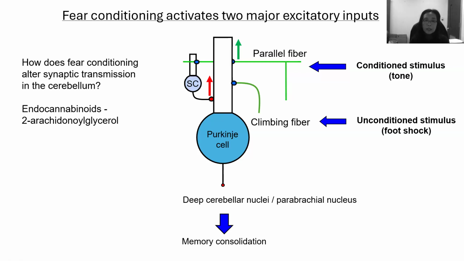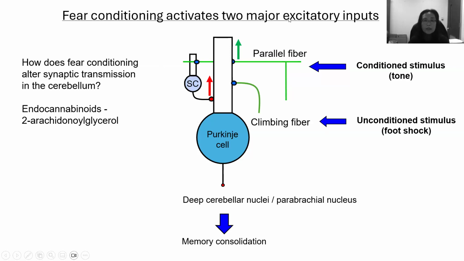Their role in memory consolidation is still a little controversial based on some of the pharmacology studies. Stellate cells, these inhibitory interneurons, and the parallel fibers both have endocannabinoid receptors.